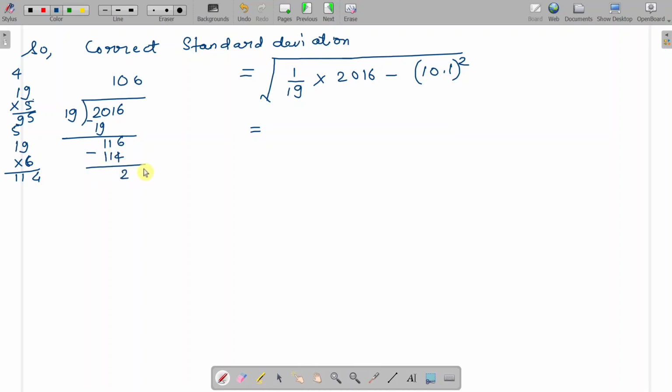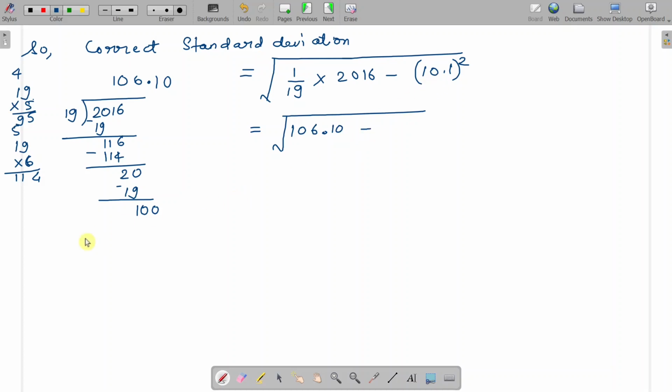So 2, right? Now extra 0 we have to take, so point here. So 19 ones are 19, again 1 remains, so 0 here. Okay, so 1 more 0 here, 19 5s are. Okay, so what we will get is root of 106.10.